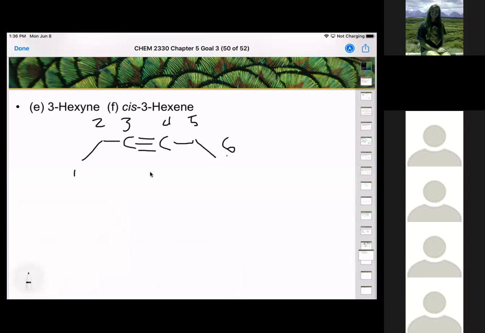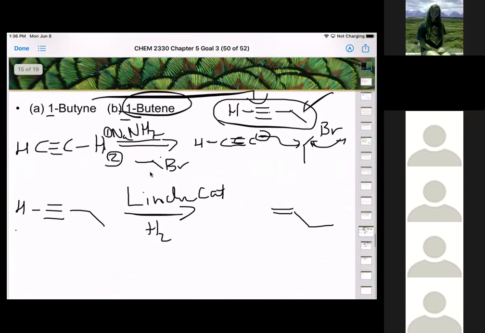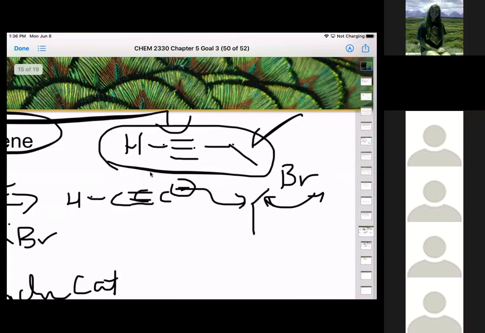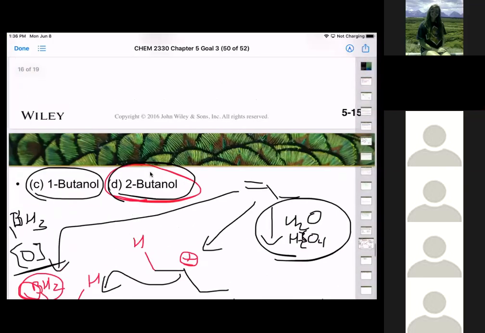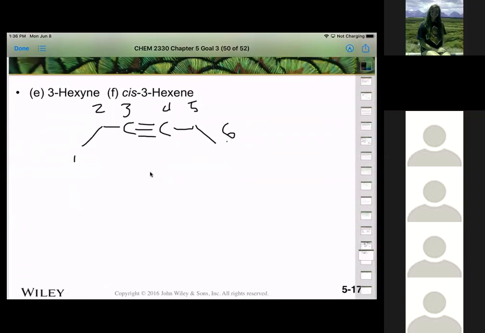We can use a reagent we've already made. We already made 1-butyne using this reagent here, and it already has 1 CH2 on the side. So we can do this reaction again on the other side to put the triple bond in the middle of the chain.